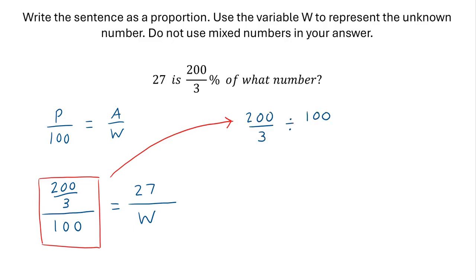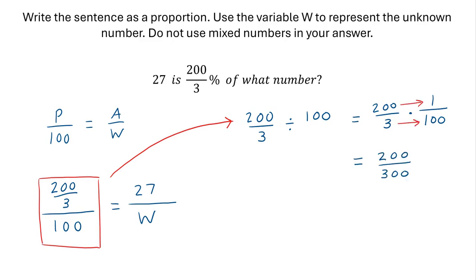200/3 all over 100 is the same thing as 200/3 divided by 100. And we know to divide two fractions, we keep the first fraction the same, change from divide to multiply, and then flip the second fraction. 100/1 becomes 1/100.